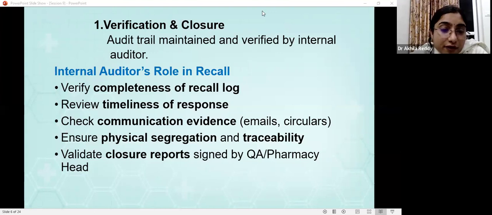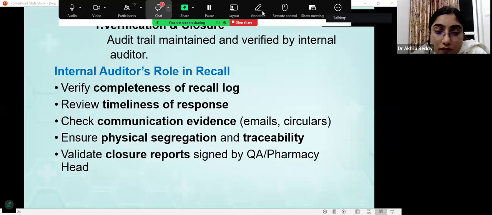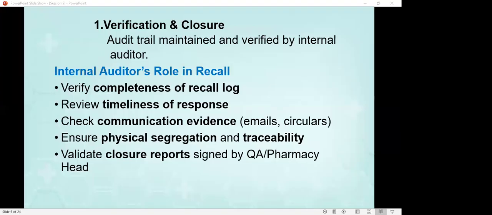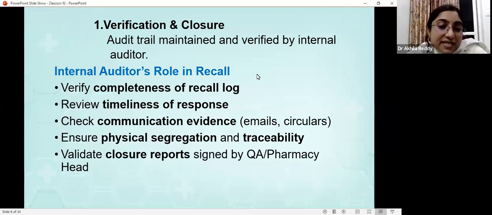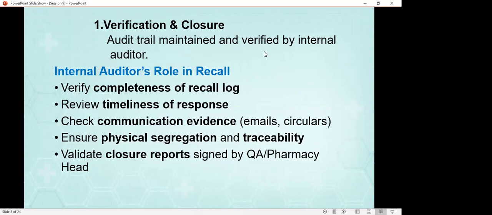Why do they need a separate internal auditor? Is my screen visible? Yes, ma'am. Yeah.